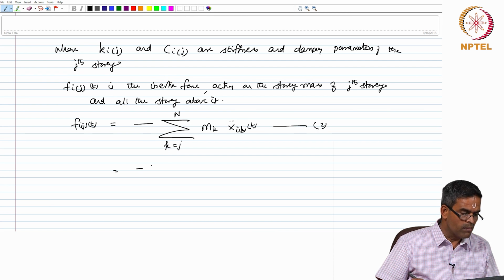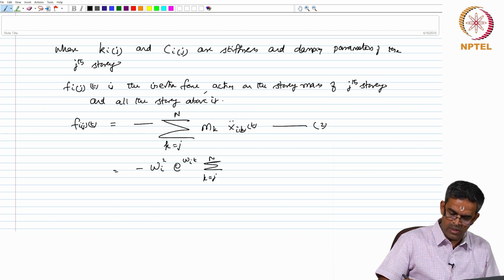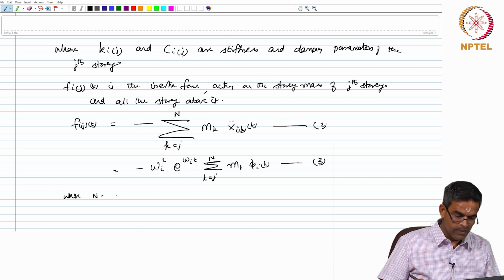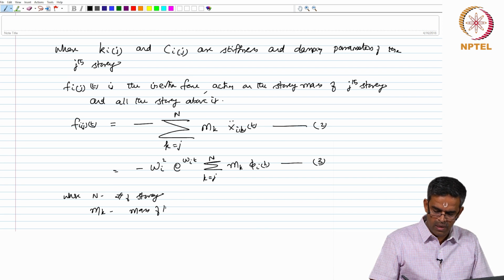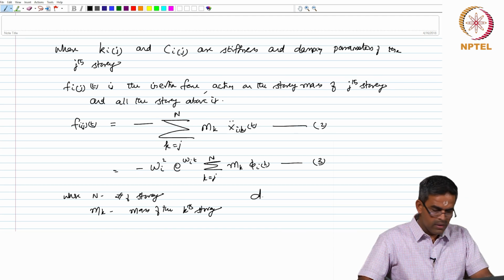which is equal to minus omega_i squared e^(omega_i t) summation k equals j to n of m_k phi_ik, where n is the number of story, m_k is mass of the kth story, d_ij(t) is the relative displacement.